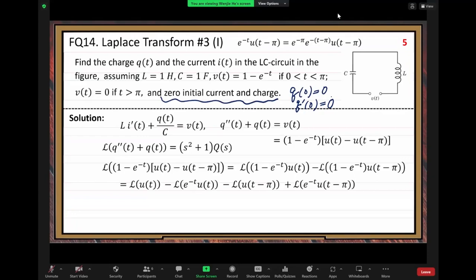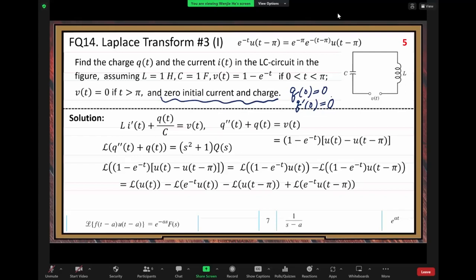Now next we apply the formula. So next I copy the formula. One formula here is the Laplace transform first shifting formula, and another one.